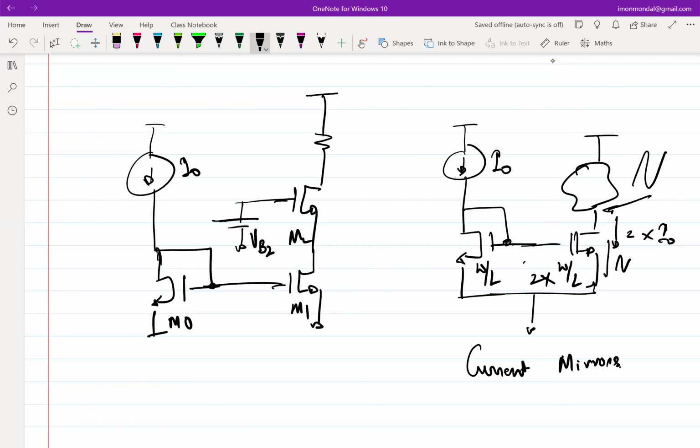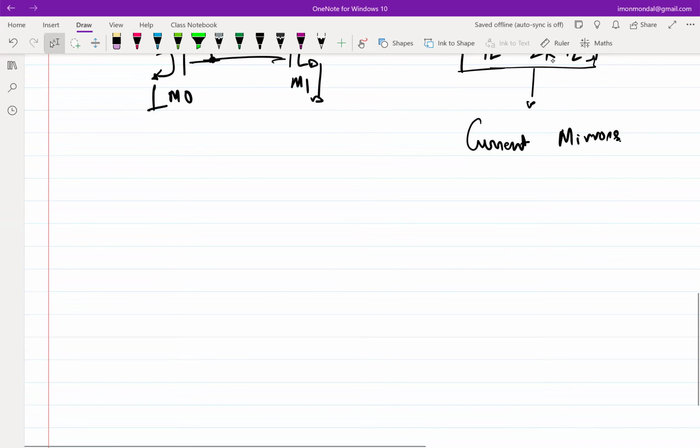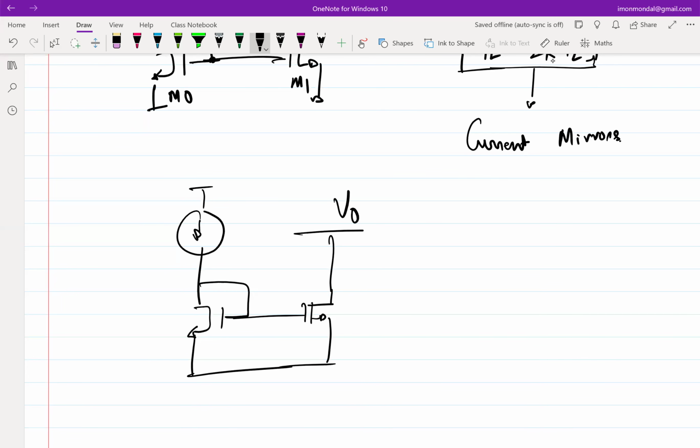Okay, so let me start off with an example. Forget about whatever is connected. Let me call this V0. Something is connected which is setting the V0.